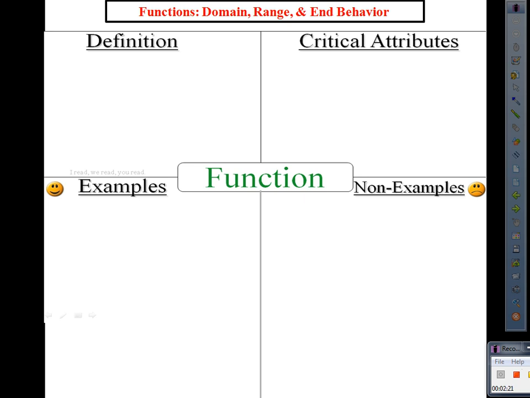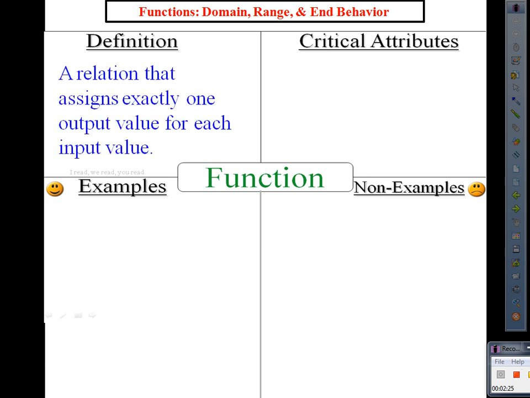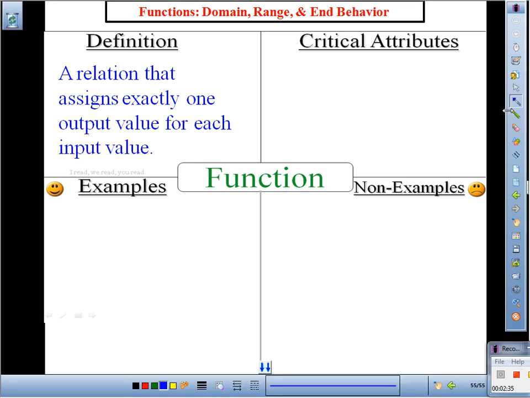So you should have something like this: a relation with exactly one output value for each input value. Think about it, a relation. Write a relation right here, please.